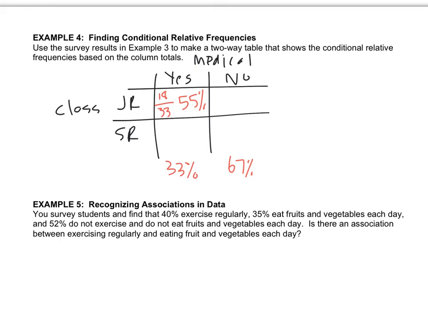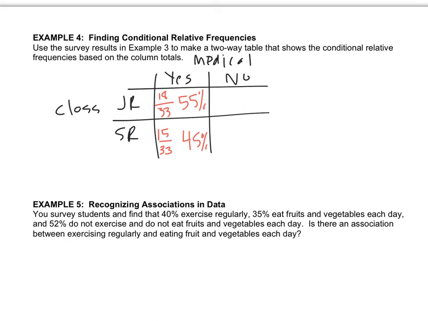I'm going to erase these numbers down here. Out of the 33% who said yes to medical, 15% were seniors. So that's 45%. So of the people who said yes to medical, a little more than half were juniors and a little less than half were seniors.